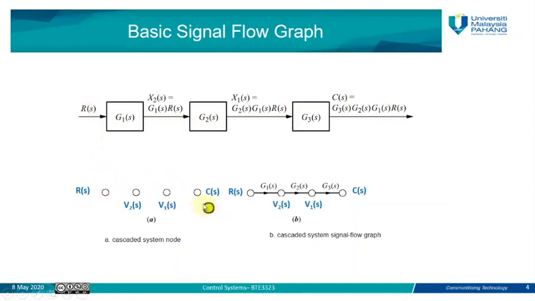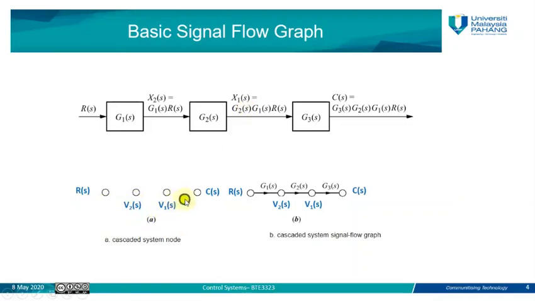Then the other node is C(s), the output node. In between, we have also 2 nodes. We have a node which represents X2, we call it V2. We can call it X2 or V2, any name for the variable. And we have another node for X1, we call it V1. So in total, we have 4 nodes.